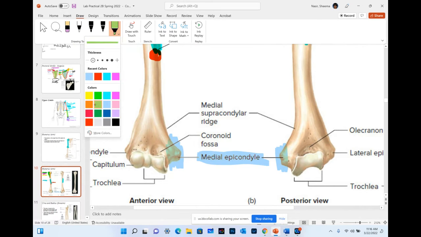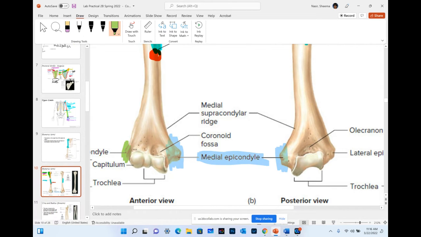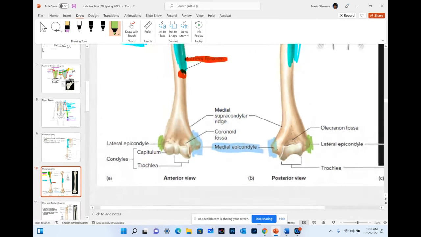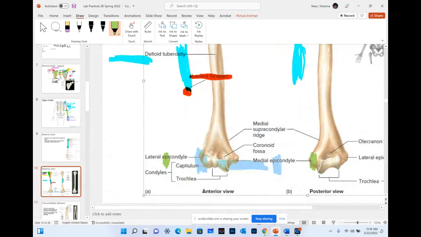The other one is your lateral epicondyle. It sticks out less.